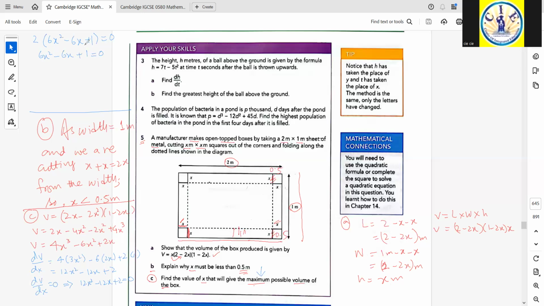From here, we can apply the quadratic formula to get the values of x. Two values of x would be obtained from here.